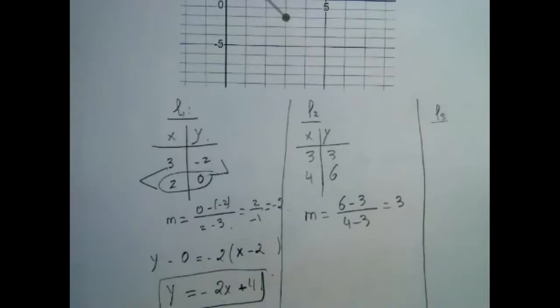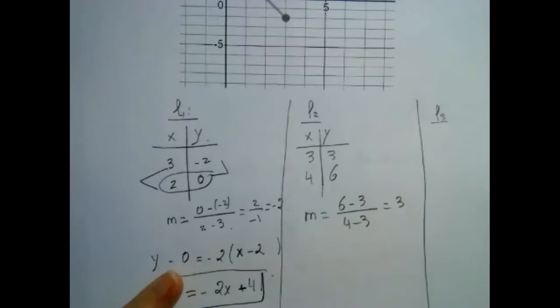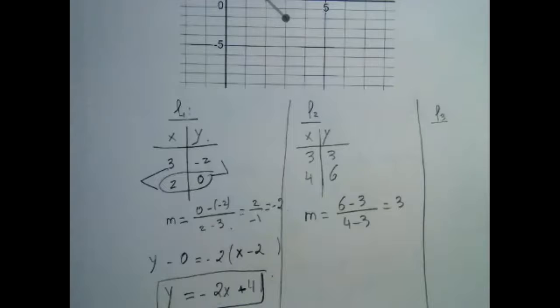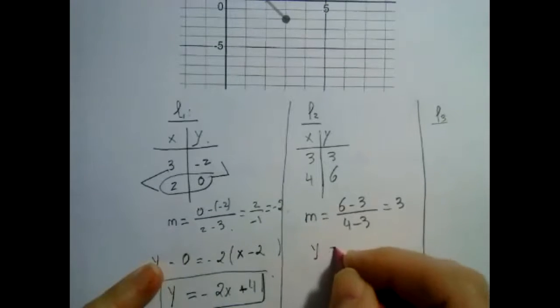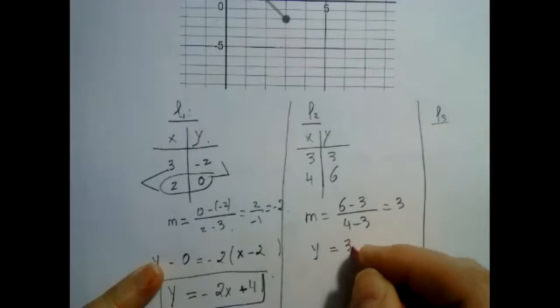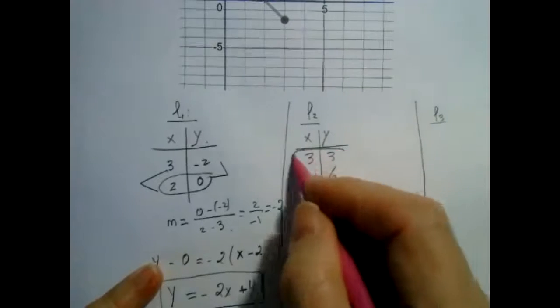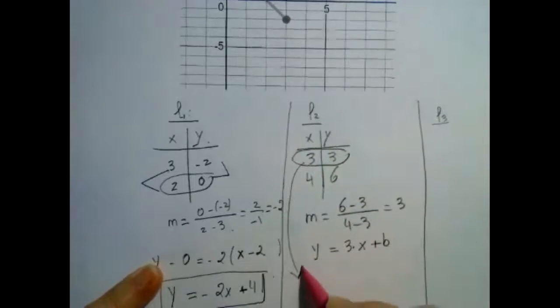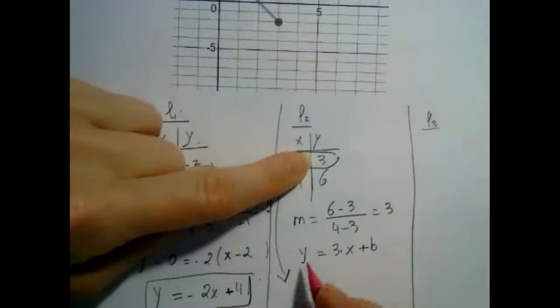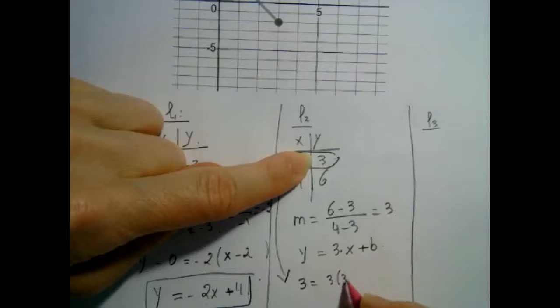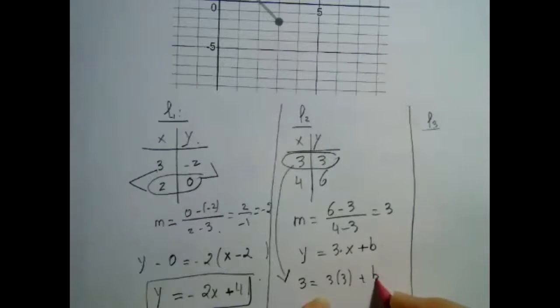Okay. So which form did you use? Mx plus b or the point slope form? Mx plus b. Okay, we'll use that. m is 3, 3x plus b. I can use this point and say, all right, if y is 3 and x is 3, that equals b.